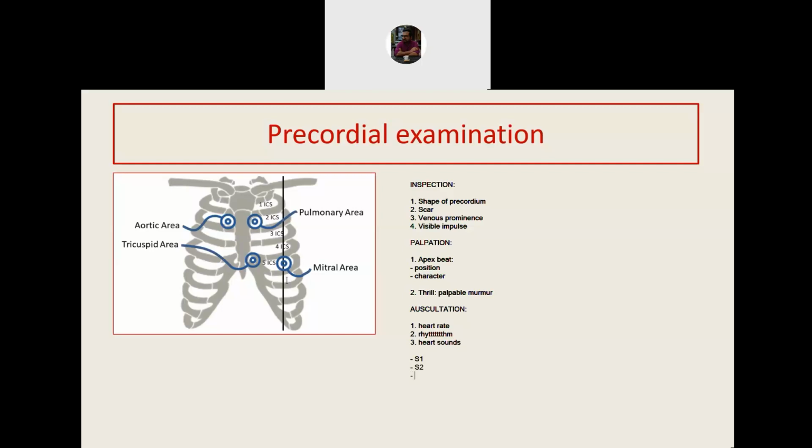If they are present, then the third and the fourth heart sound. And you also look for any abnormal or adventitious sound, for example, a murmur. So this is a very simplified scheme of examination of the precordial or the cardiovascular system. So let us see how the different components can be examined.